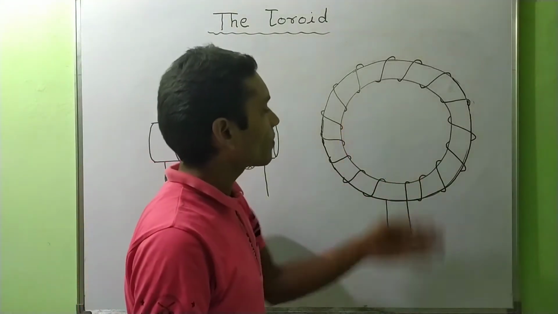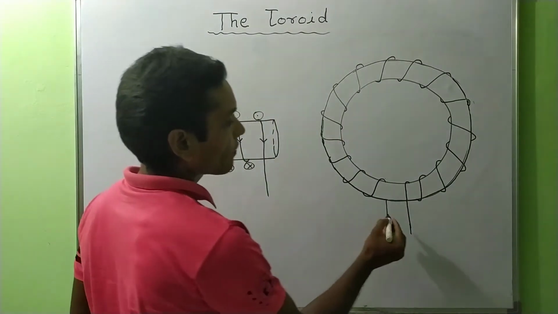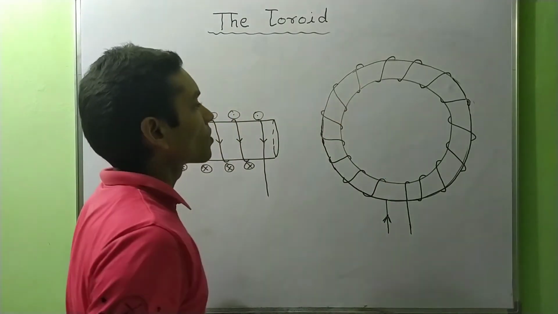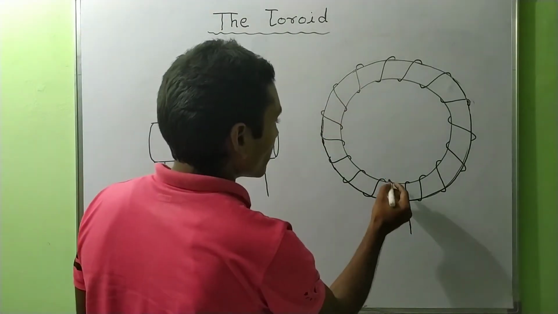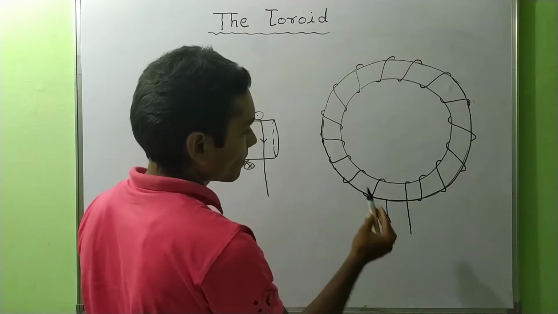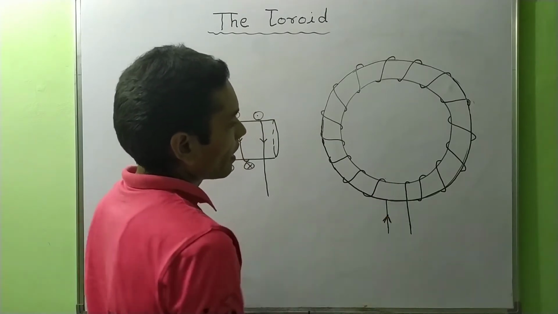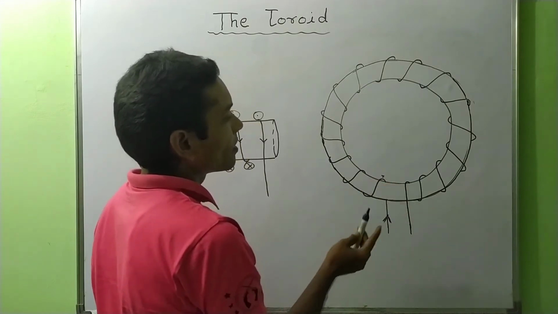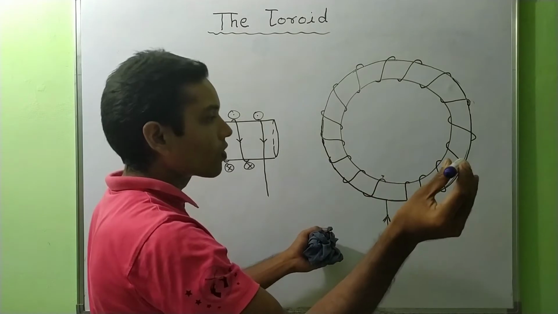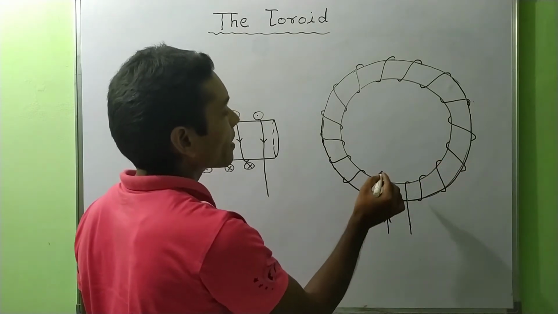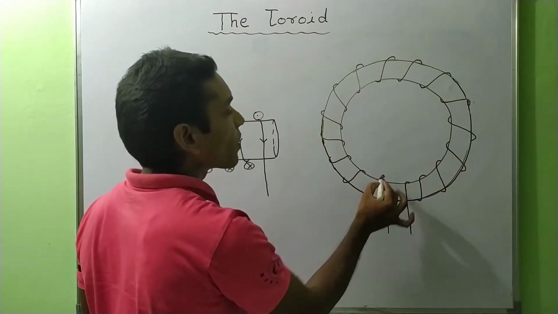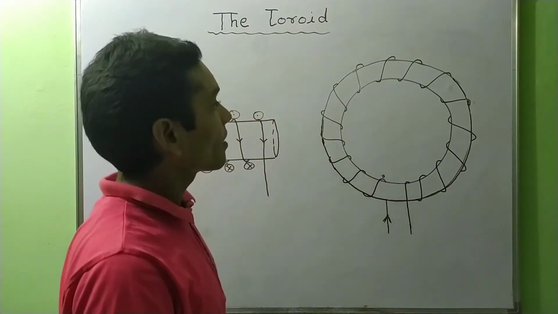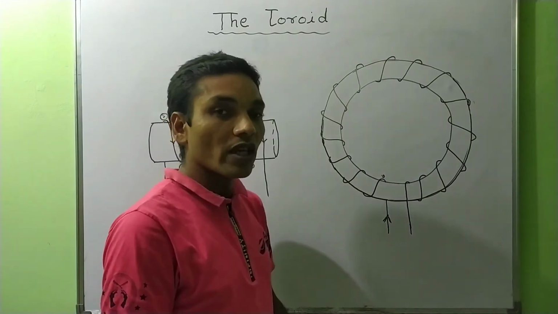This is the diagram of the toroid. If current is made to flow through the wire wound over the toroid, then the direction of current is upward, so at that point the direction will be outward, meaning current will be coming out from this point. And we know that here the copper wire is wound very close together.